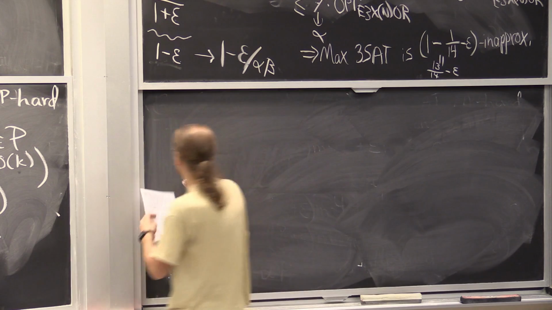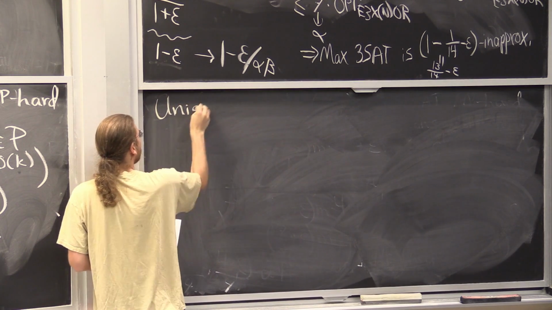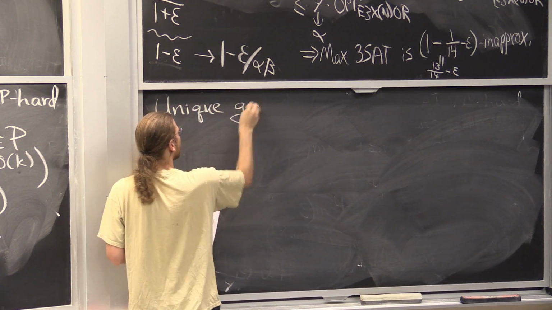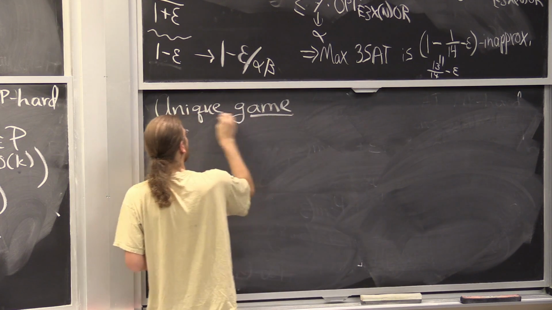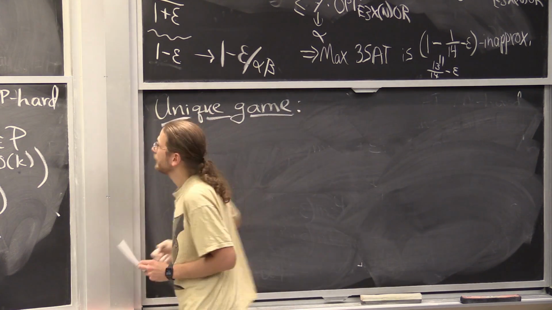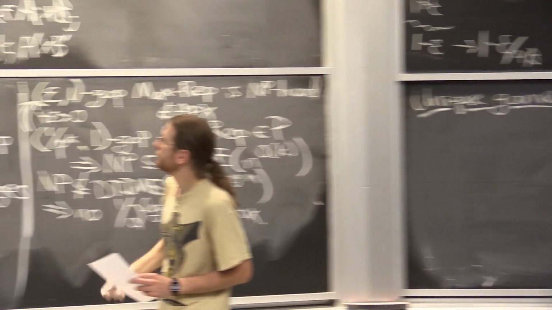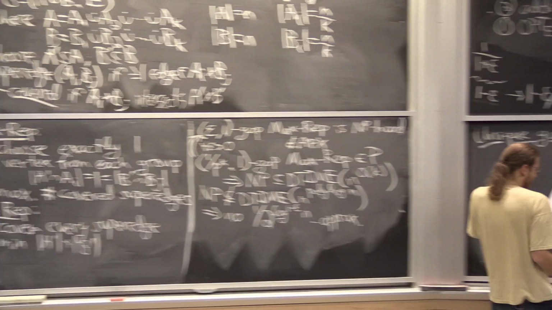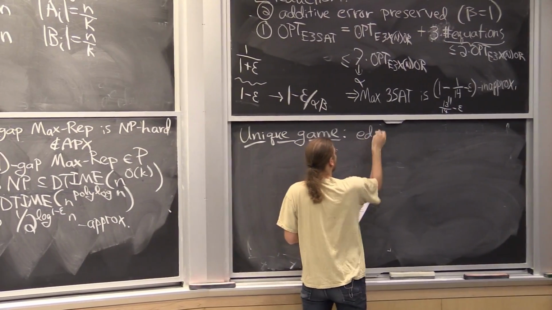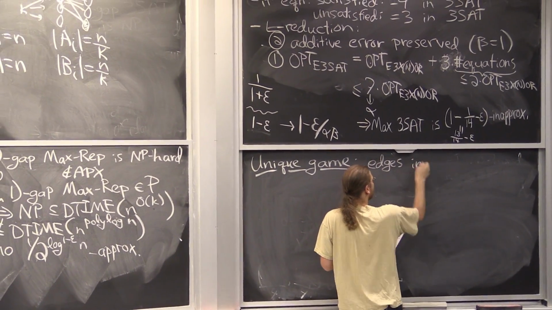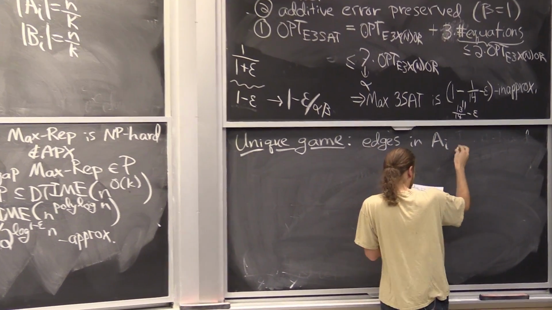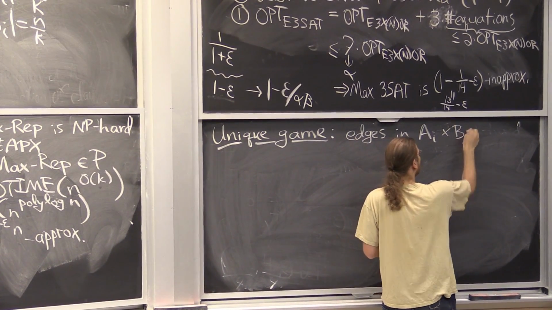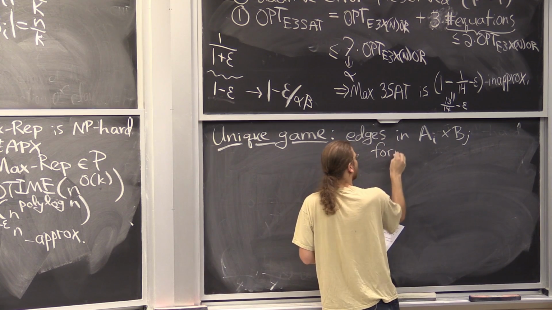And that is unique games. So unique games is a special case of, say, max rep or label cover problem where the edges in A_i cross B_j form a matching.